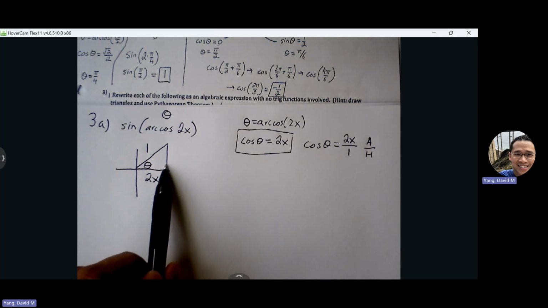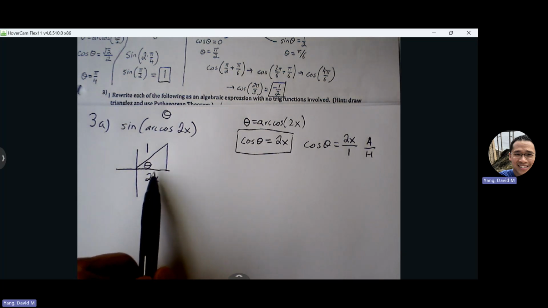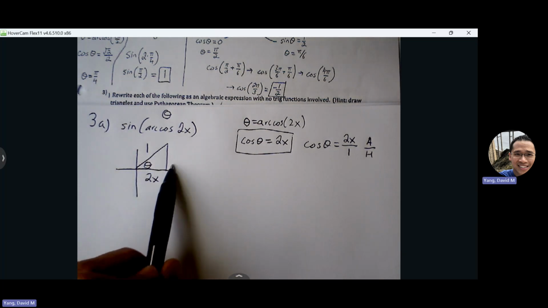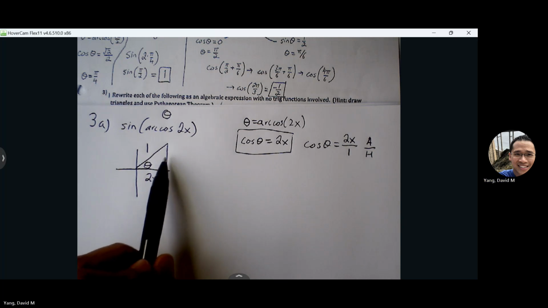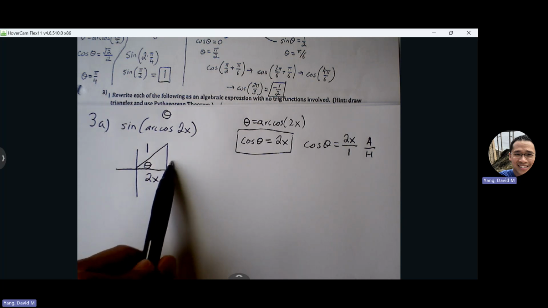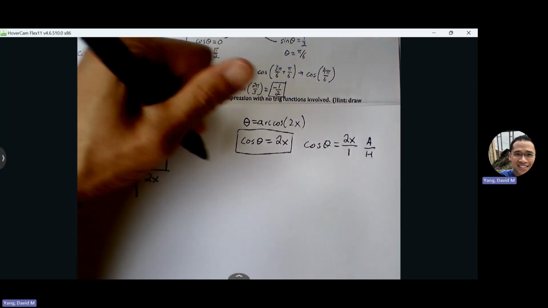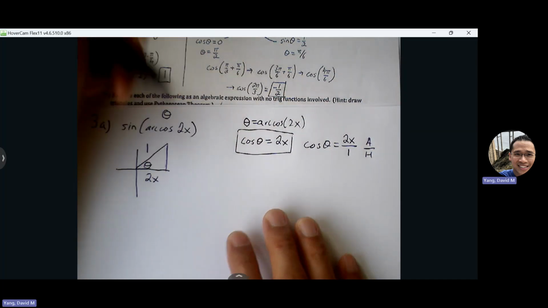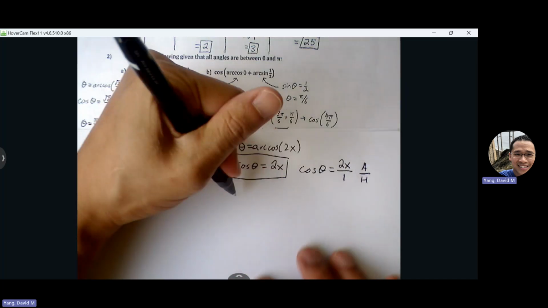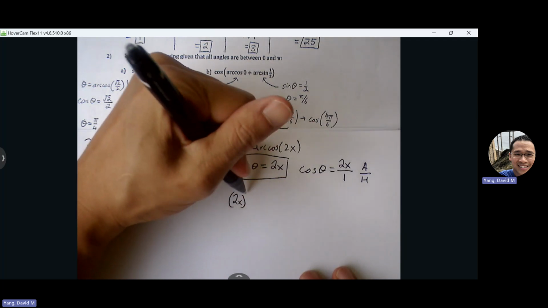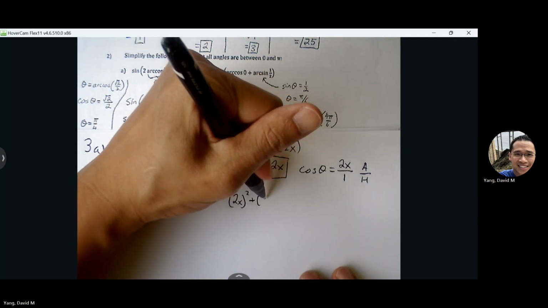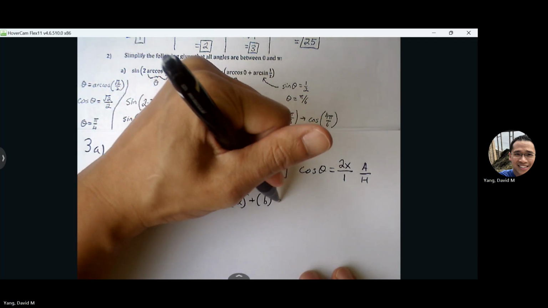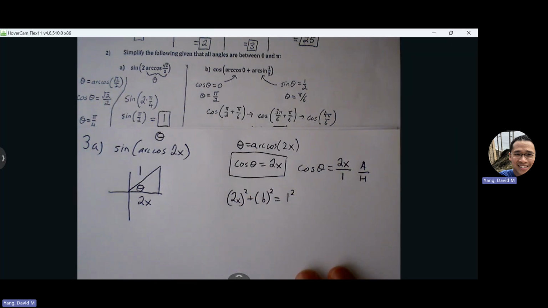Now we need this third side as well. So what can we do if we have two sides of a right triangle? Pythagorean theorem. We know a squared plus b squared equals c squared. So if I call this missing side the b value, I can say a squared plus b squared is equal to c squared.